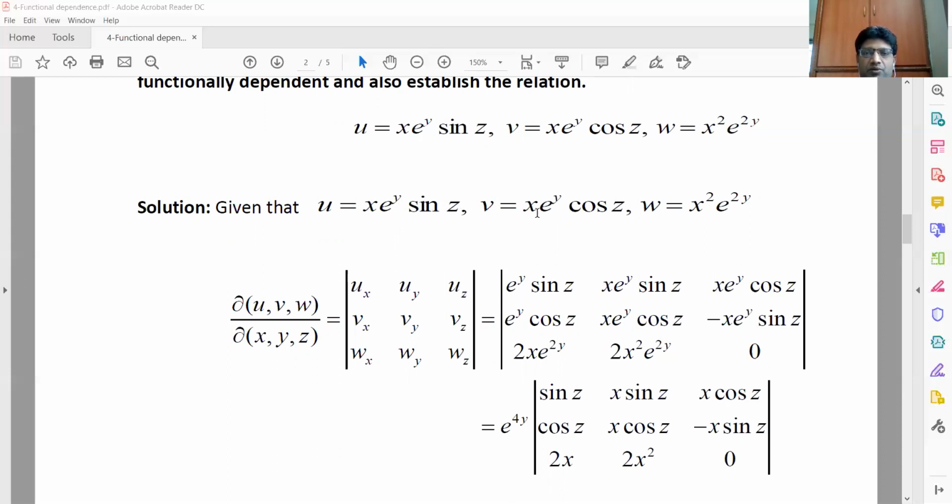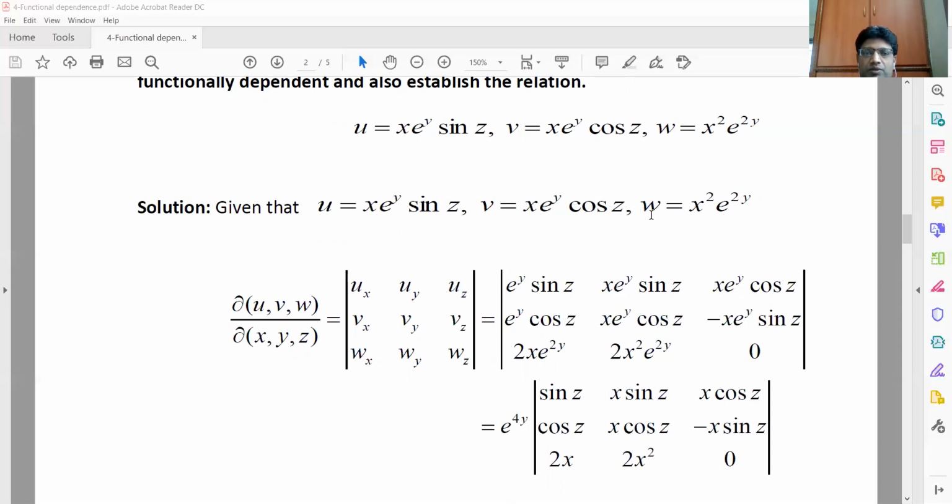Next, v with respect to x: e power y cos z is as it is, and for x it is 1. Next, with respect to y, x cos z is as it is, and for e power y, e power y. Next, v with respect to z: x e power y as it is, and for cos z it is minus sin z.